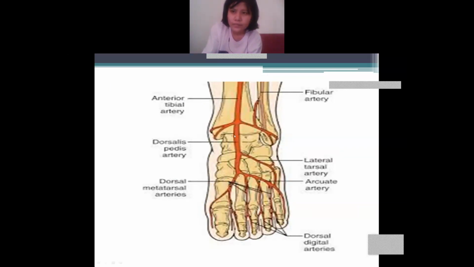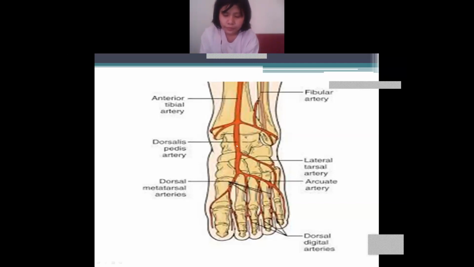This is the anterior tibial artery, and as we come a bit further down, you will find the dorsalis pedis artery. In the dorsalis pedis artery, you will be able to feel your pulse. Understand? Here the arterial blood supply occurs in this artery.